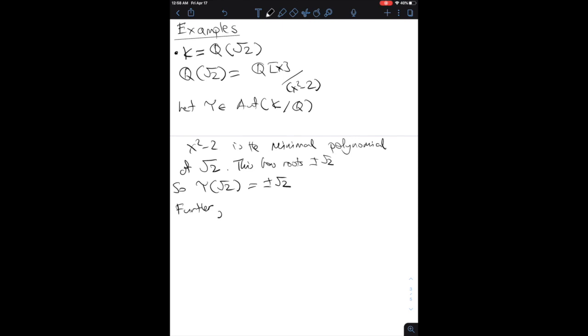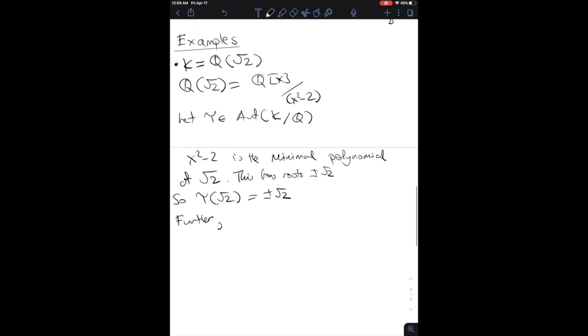So further, we've seen for this field Q[x] modulo x squared minus 2 that this is a field extension of degree 2, equal to the degree of the polynomial x squared minus 2, with basis given by taking powers of root 2.